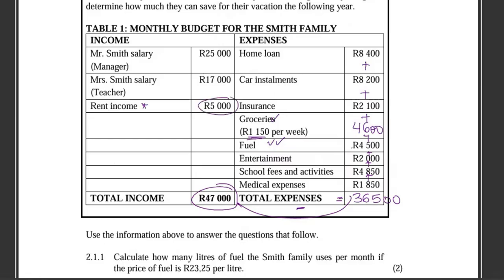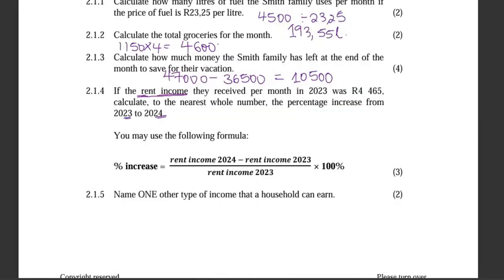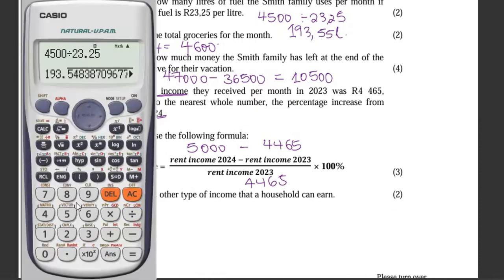This is what they have now, the new value, the current value. The other is the old value. So here we have 5,000 minus 4,465, again divided by 4,465. Don't forget to multiply by 100. Put everything in the calculator and you see what happens.